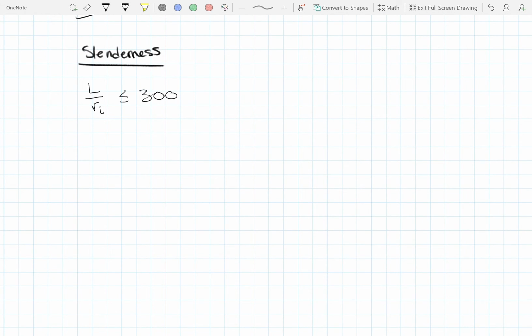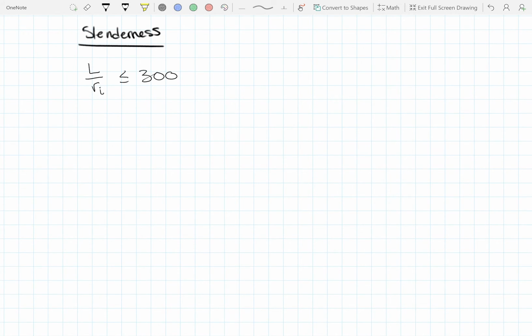For built-up members, the distance between connectors divided by Ri has to be less than or equal to 300. So be careful, they're just slightly different. This is for built-up members, and this is for single members.